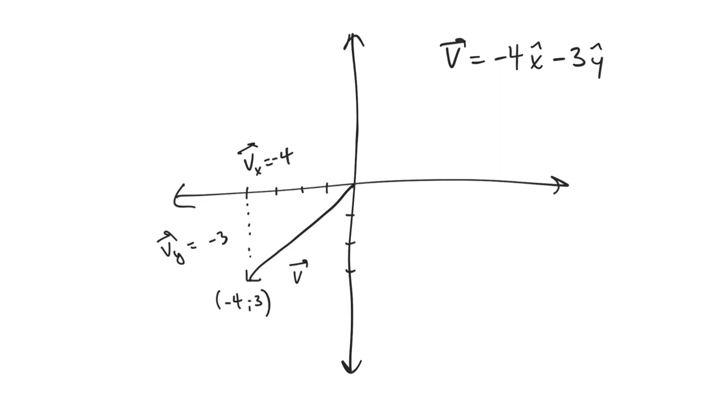But this would be 4 x direction unit vectors right there, because each one's worth 1, and then 3 y ones going the opposite direction, going down. So we can just say that vector is what you would get if you added up together 4 flipped x unit vectors and 3 flipped y unit vectors. That's what you would get if you did that. So we can write this in terms of those things.